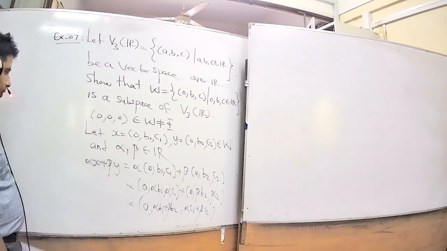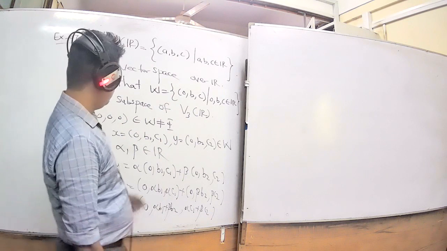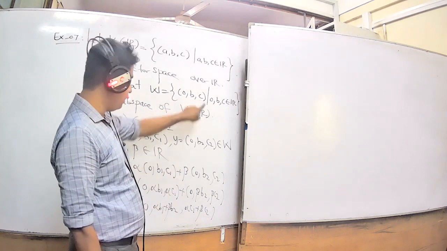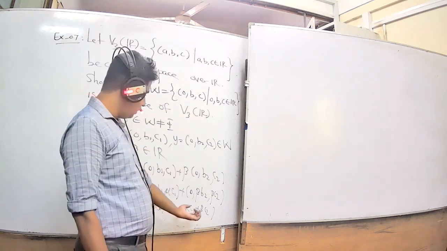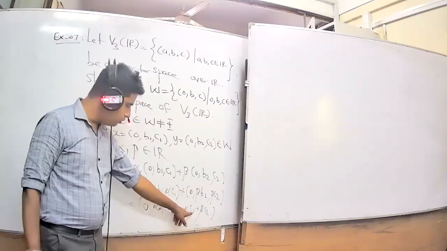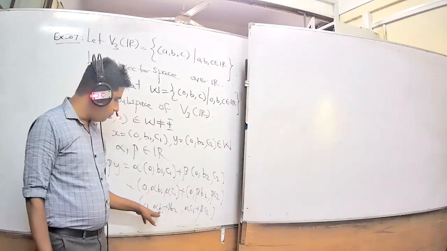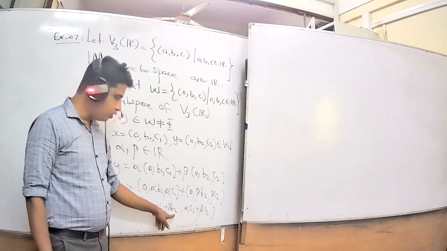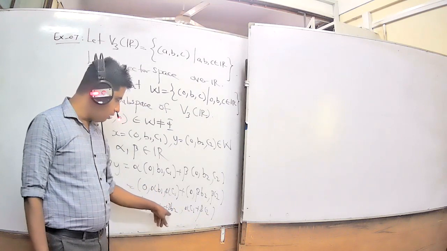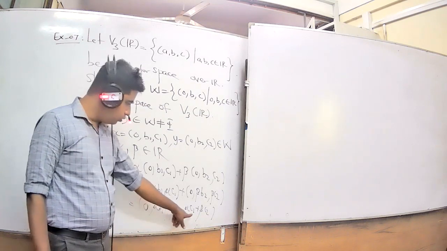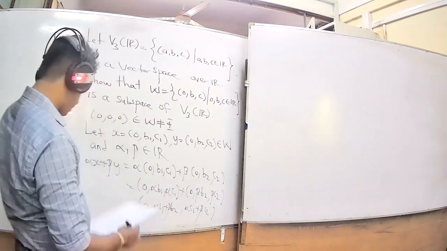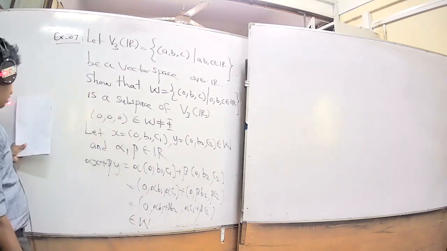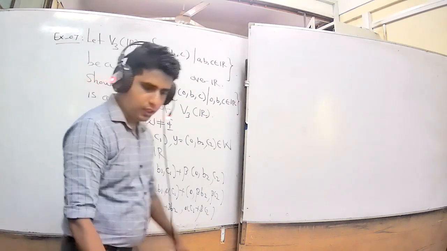Here the element is of the form 0, comma, one element, another element. This one belongs to real number, and this one also belongs to real number, because b1 belongs to real number and alpha belongs to real number, therefore alpha b1 also belongs to real number, plus beta b2 also belongs to real number, therefore the addition alpha b1 plus beta b2 also belongs to real number. Here also this one belongs to real number, therefore this one belongs to W. What is the reason? The reason is very important here.